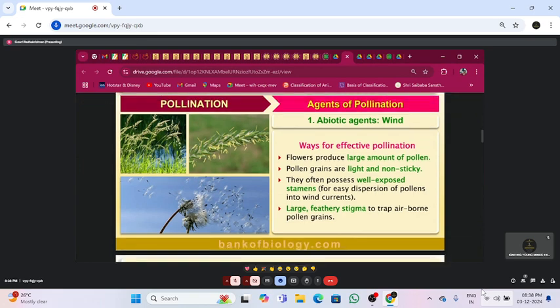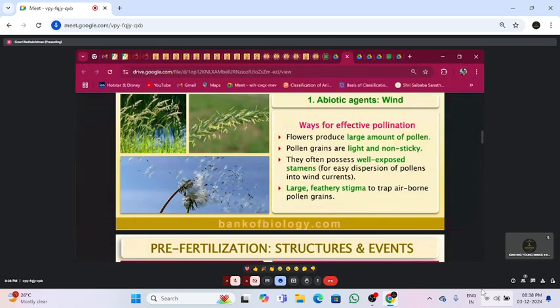All right. One thing about this is the flowers are not very colorful. For abiotic agents, wind and water, they don't need to produce nectar or any incentive.